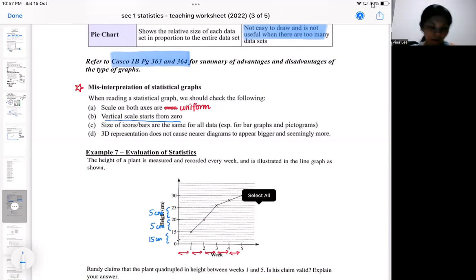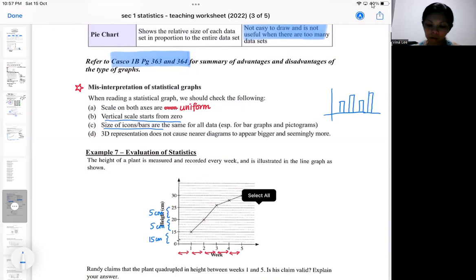Another thing is the size of the icon and the bar chart. If you are looking at a bar chart, the bars should be the same width. The only thing that's not the same is the height of the bar.